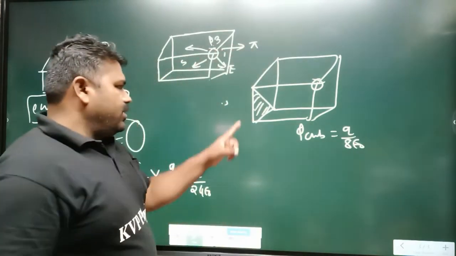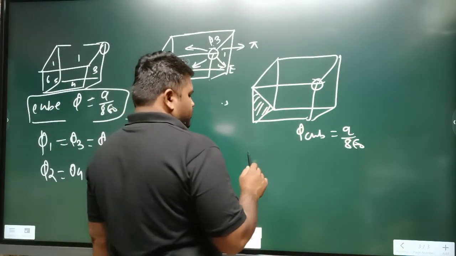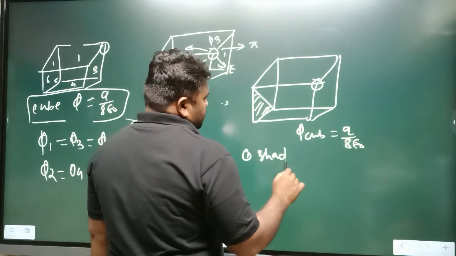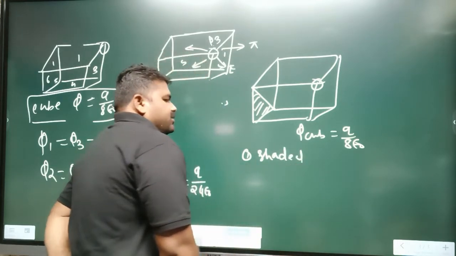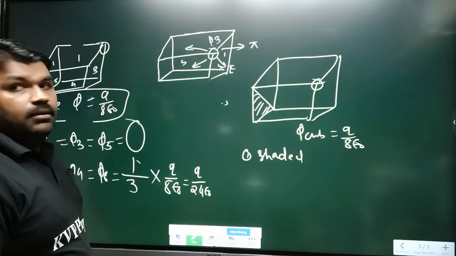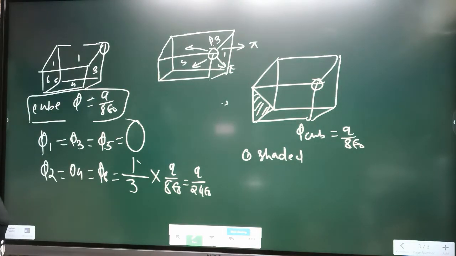And we ask how much flux is passing in the shaded region. Here, total how many surfaces are available for passing the flux? 3.